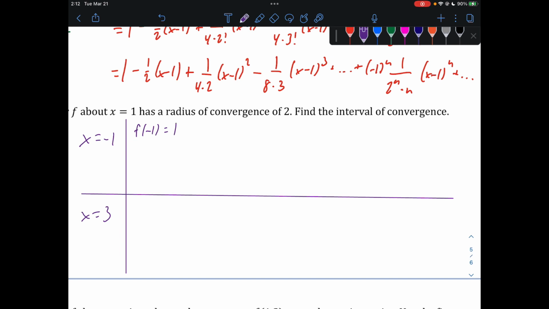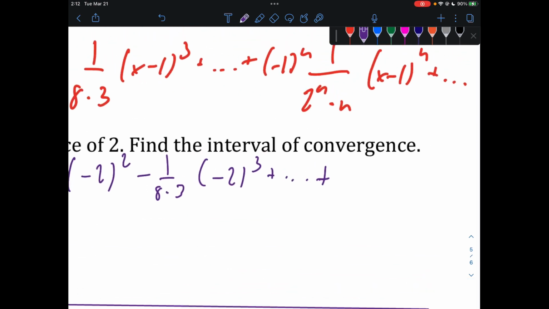So that would be 1 minus 1/2 times negative 1 minus 1, so minus 2, plus 1/4 times 2 times negative 1 minus 1, which is negative 2 squared, minus 1/8 times 3 times negative 2 cubed, plus so forth and so on.